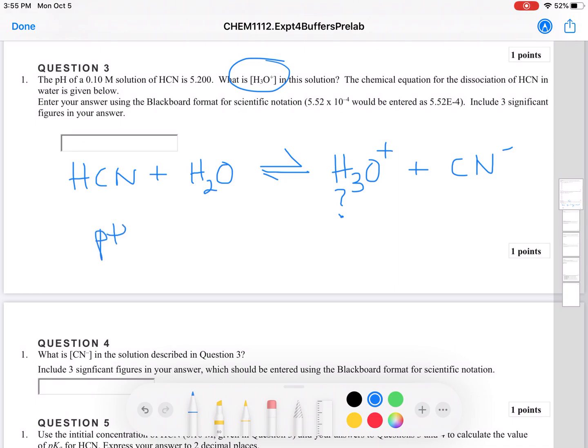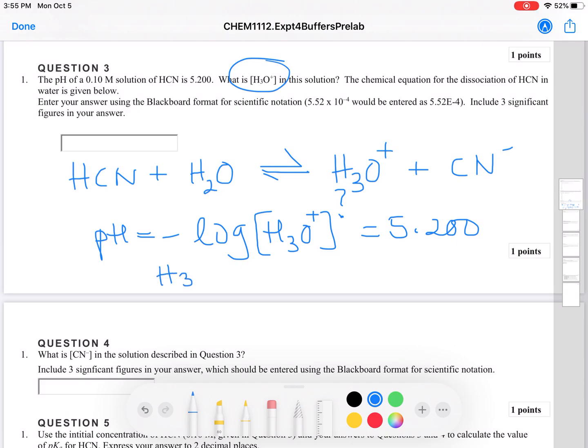pH is the representation of hydronium ions, how acidic our solution is. And we know pH equals negative log of H3O+. So we are given the pH as 5.200. If you want to find the hydronium ion concentration, you would use the anti-log button and then use negative 5.200: H3O+ equals 10 to the negative 5.200.